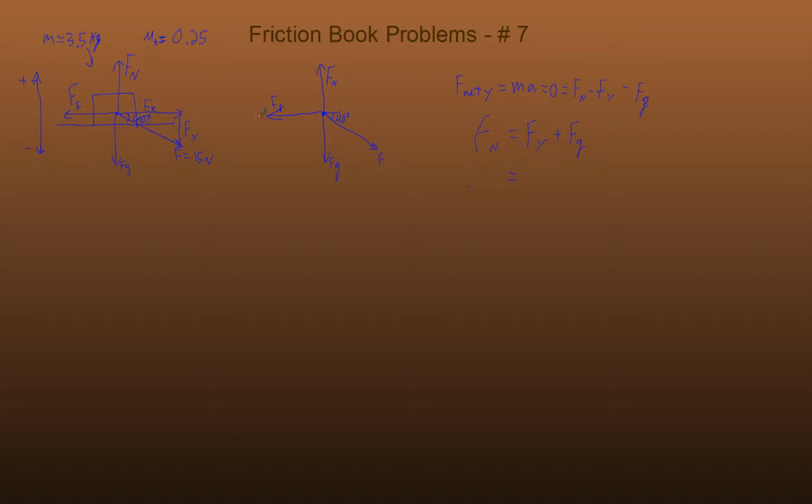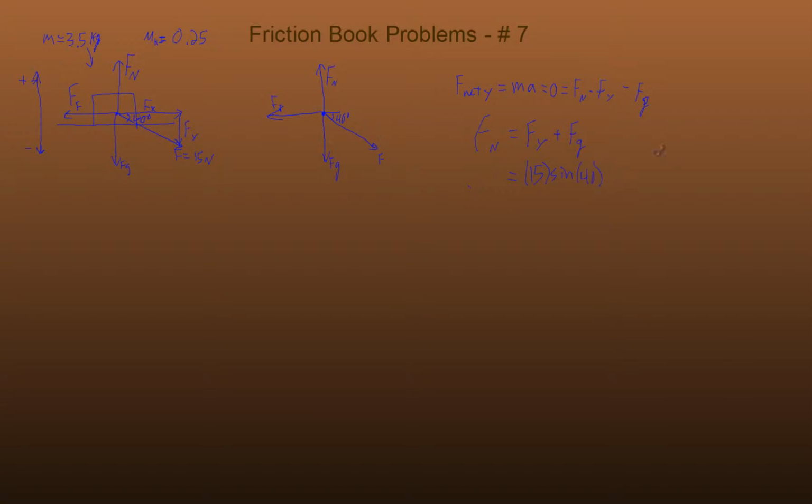Y component is opposite 40, so this is just 15 newtons sine 40. Horrible. Just erase that real quick. Come on, 4, you can do it. There we go.